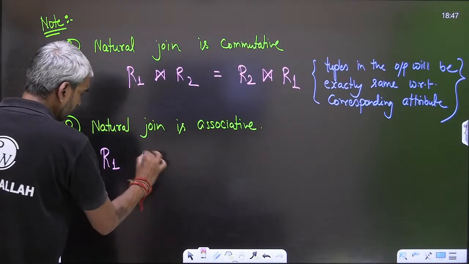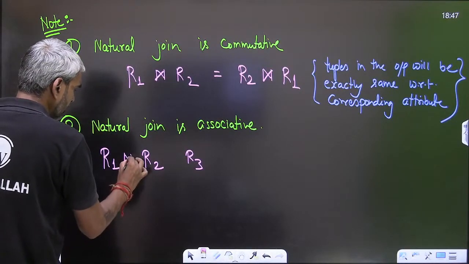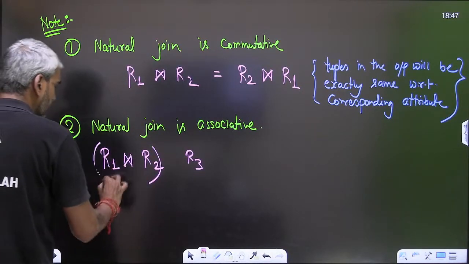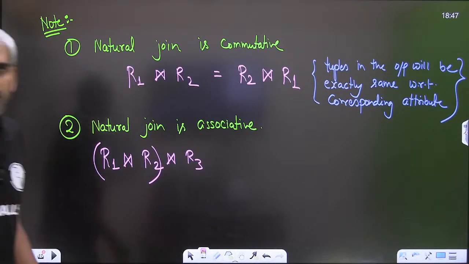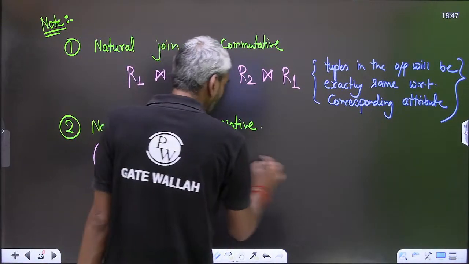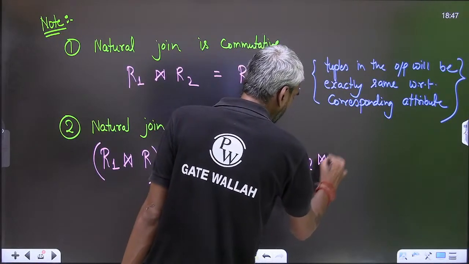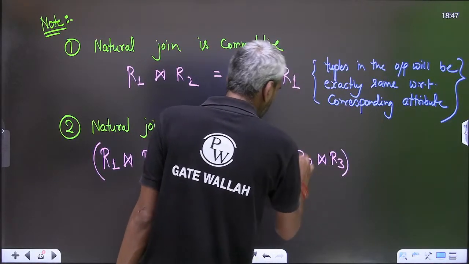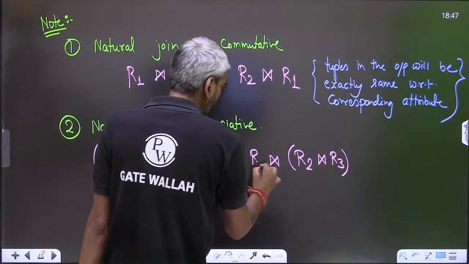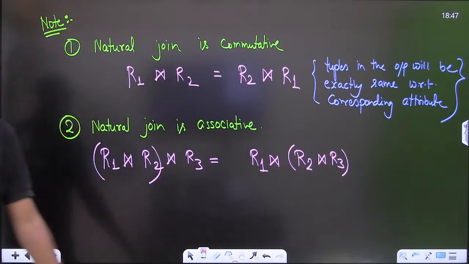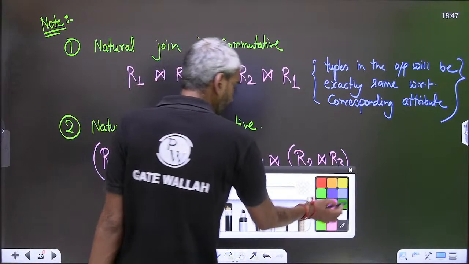If you have three relations R1, R2, R3, and you first perform the natural join of R1 and R2, then the natural join of the result with R3, or you first perform the natural join of R2 and R3, then the natural join of the output with R1, then these two will be equal. Again, the final result will be the same.